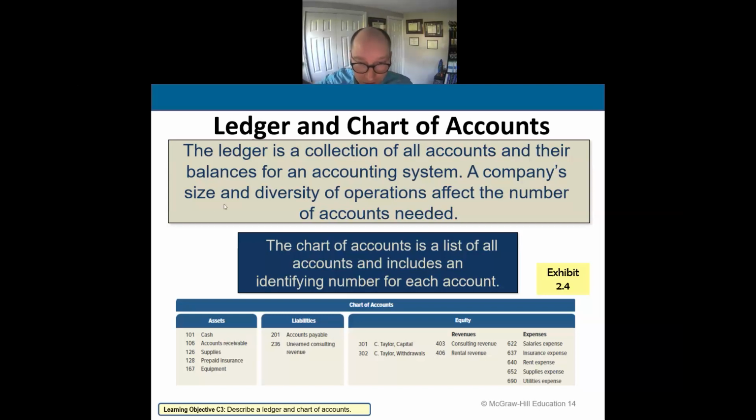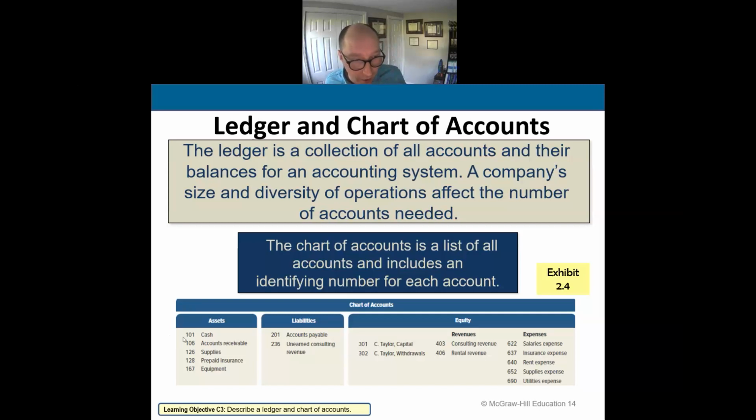First you have cash, then accounts receivable, then inventory, supplies, and so forth. The chart of accounts will start with assets, then liabilities, then equity. It's always in that order, the same order as the accounting equation. It's a list of all of the accounts used by the business.